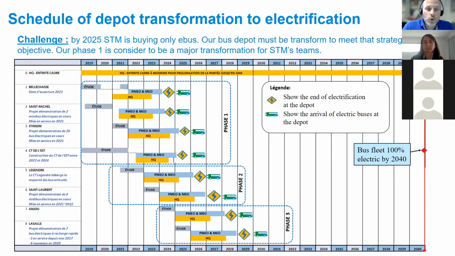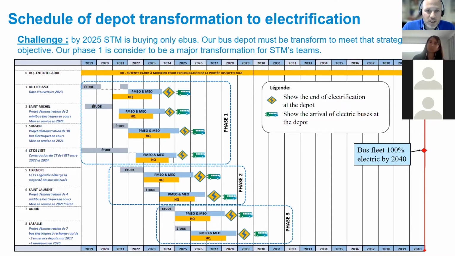So what we have to do on our side is to have a plan to retrofit our depots. Phase 1 will be 4 depots to retrofit: Bellechasse, Saint-Michel, Stinson, and East Depot. And we have other depots that will come later this decade. So we will face our first challenge with Bellechasse.